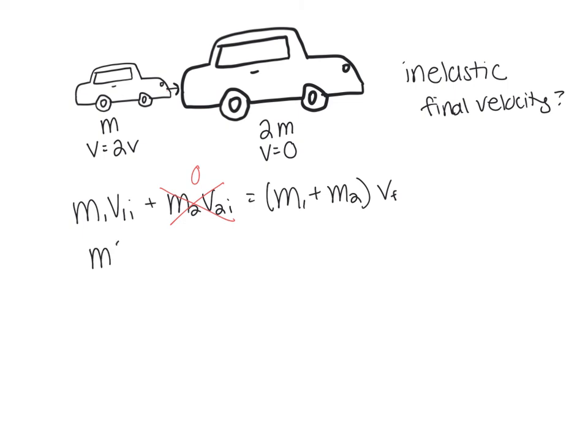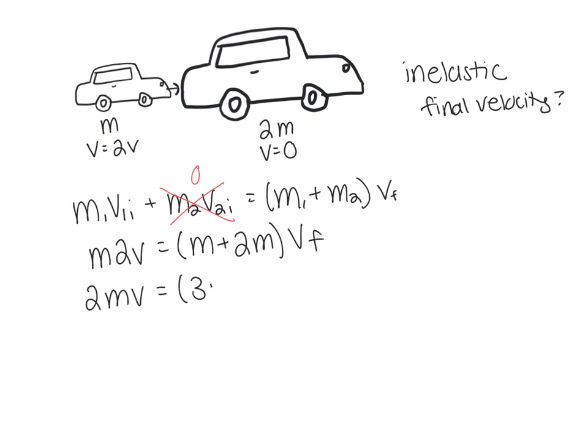Now I can plug in some numbers. So I have m times 2v equals, and my two masses together. It's easy to also forget this. And then I can simplify, make this a little bit nicer here. Okay, we'll see that masses cancel, which is kind of interesting. But I still have a proportion, so I'll divide that by 3.